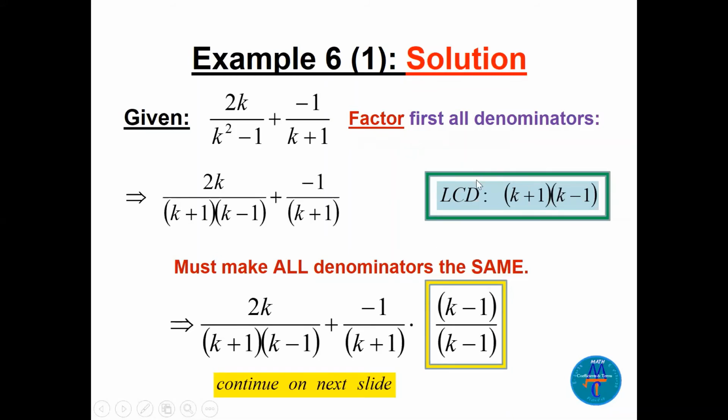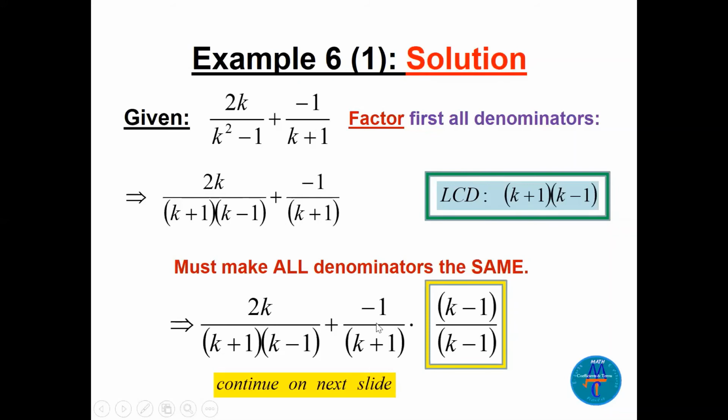Now, see how we use it. This is easy, finding the LCD. Now, how to use it? We must make all the denominators the same. This one is not the same, but we use this factor, do you see? Now forget about the question. Look here. k plus 1, k minus 1. This is only k plus 1. I have to make it the same to add.